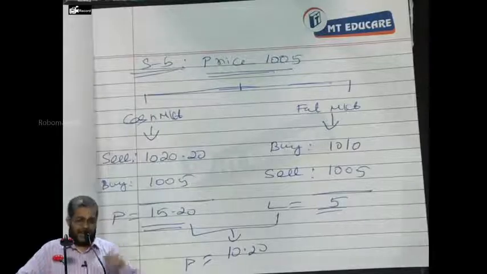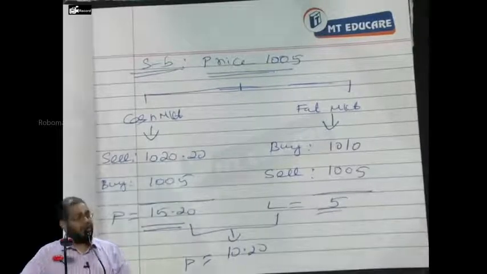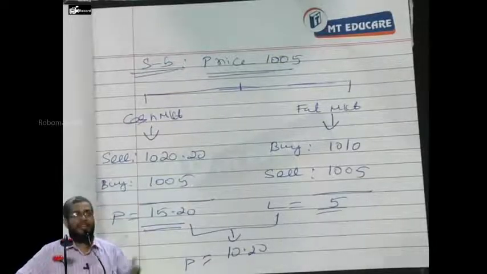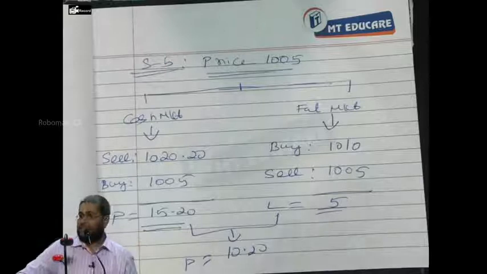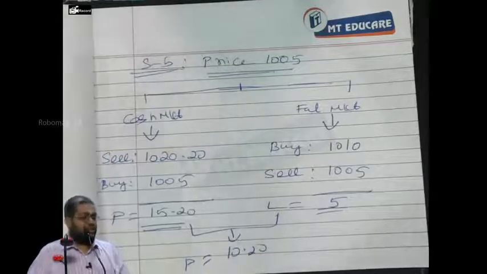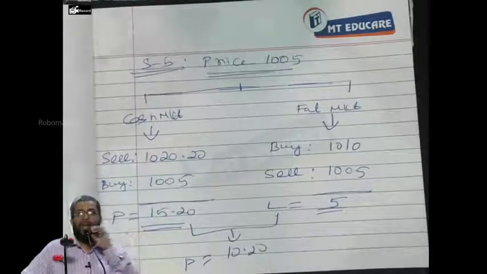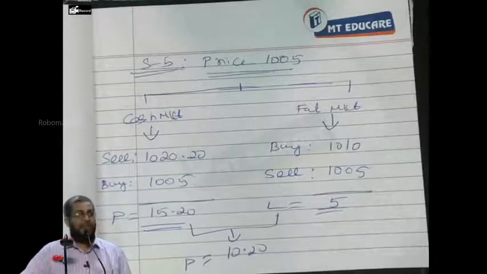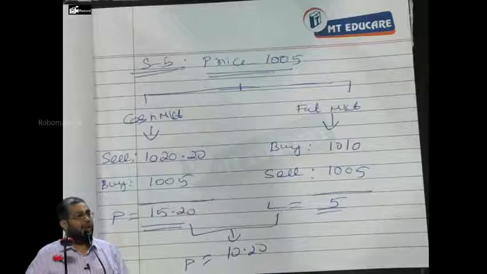For the money collected, it allots what? Units. For money collected, it allots units. Full stop. Everybody yes or no? Write down.